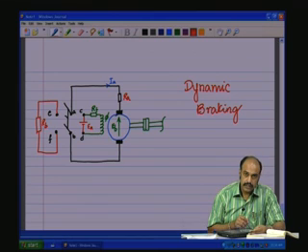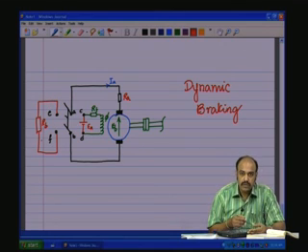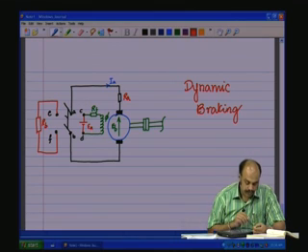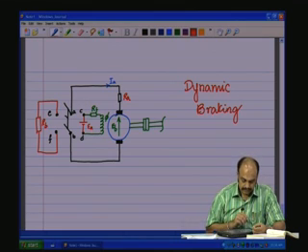The RB value is much lower, and therefore more IA flows through RB and gets dissipated much faster, because a higher IA means IA square RB is much higher, so the energy drawn in unit time is more, and the speed reduces and comes to 0 much faster.